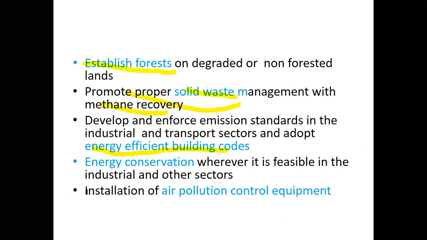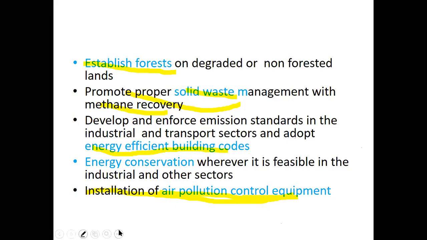And the last option is the installation of air pollution control equipment. Okay. The last option of the mitigation of greenhouse gas effect is the installation of air pollution equipment. So what are they? So we can say scrubber.